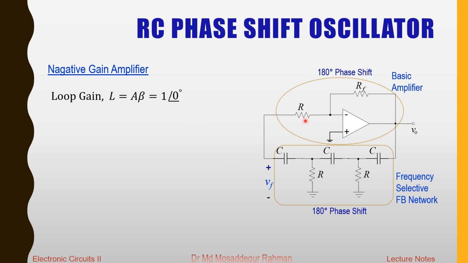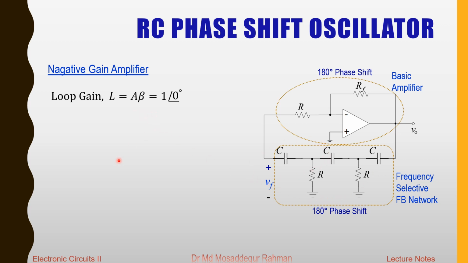So you see that the gain of the basic amplifier A is nothing but minus RF by R. And then the feedback factor, this is not that simple a circuit. I mean, there are 2-3 nodes here, so you need to do some nodal analysis here, assign some node voltages to these two nodes and do the analysis, and through the nodal analysis you can determine the ratio of VA by V naught, that is the feedback factor for this feedback network.